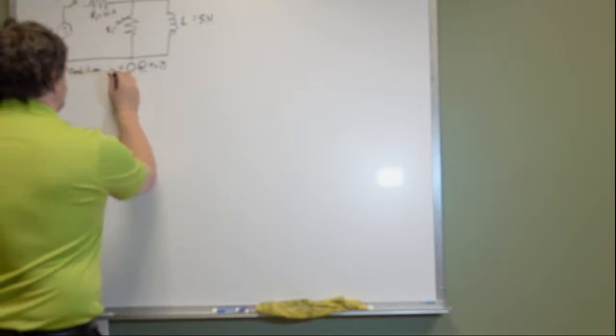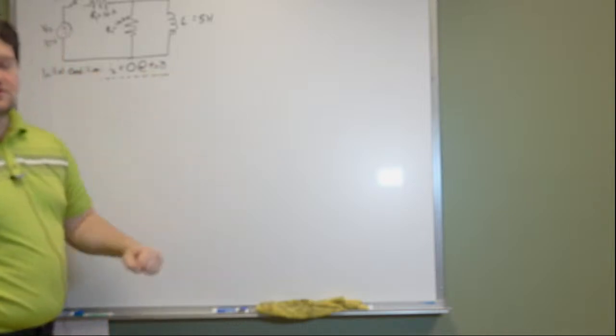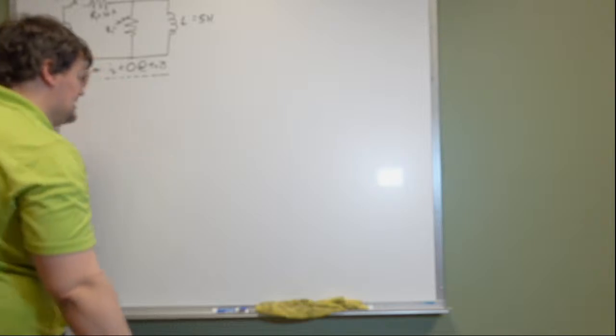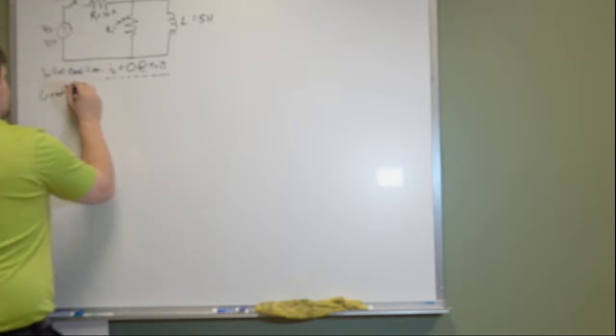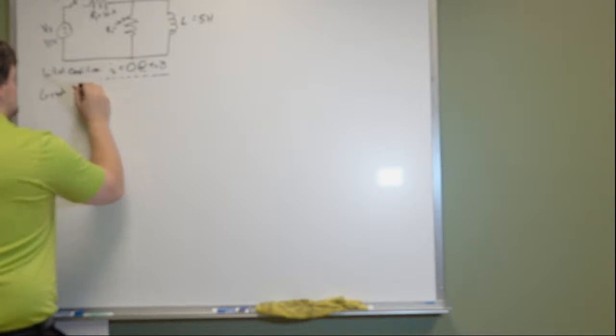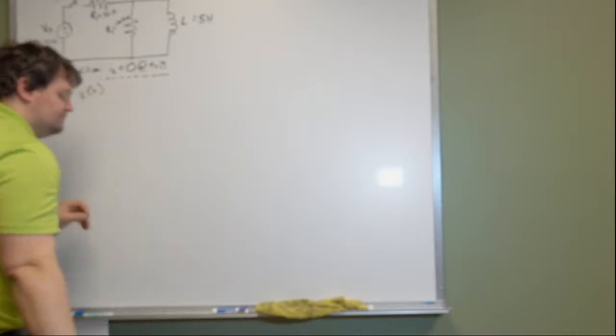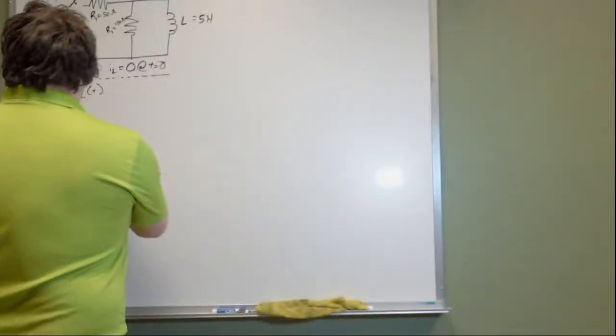So here we are solving for the current through the inductor. And then the question is, I want you to graph IL as a function of time. All right, so that's our problem. We have our numbers.